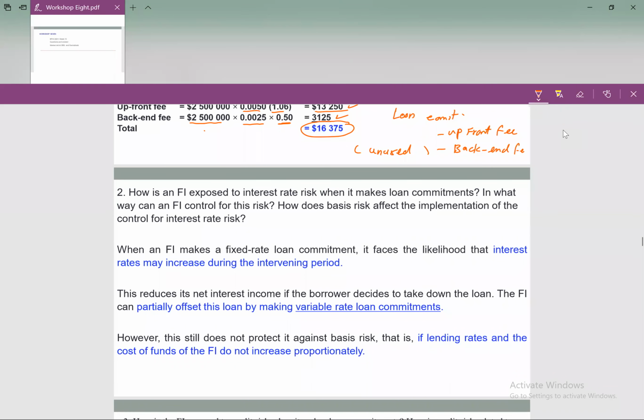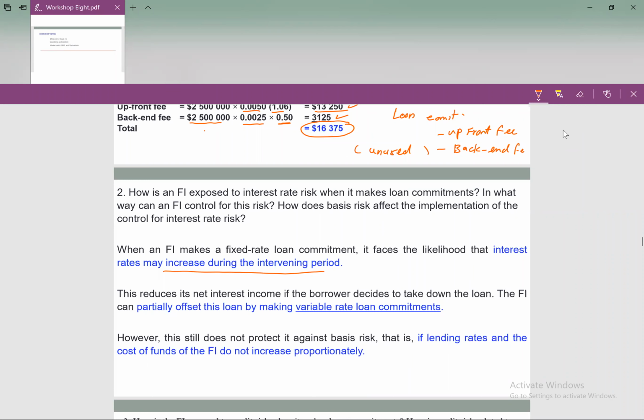So when a financial institution makes a fixed rate loan commitment, it faces an interest rate risk. You are promising a customer to give him a loan with a certain interest rate fixed now.